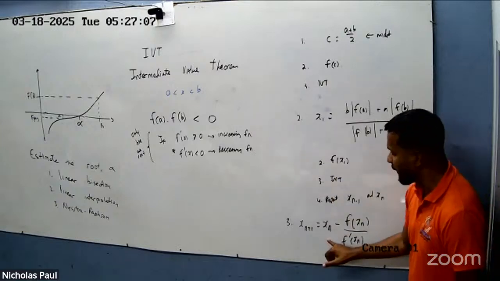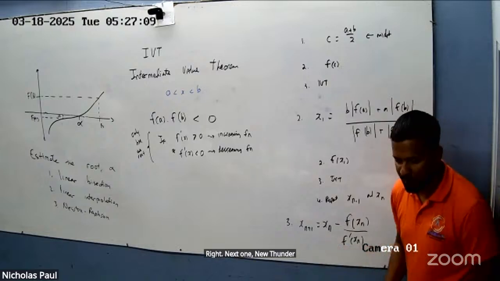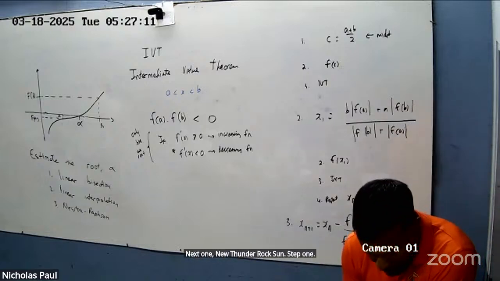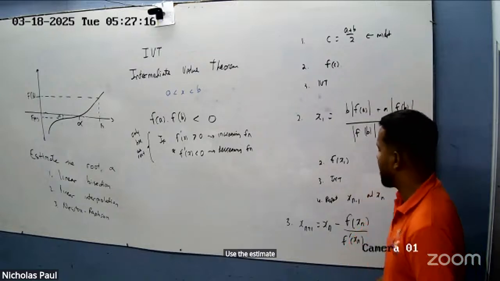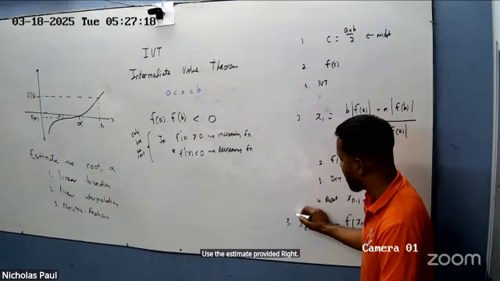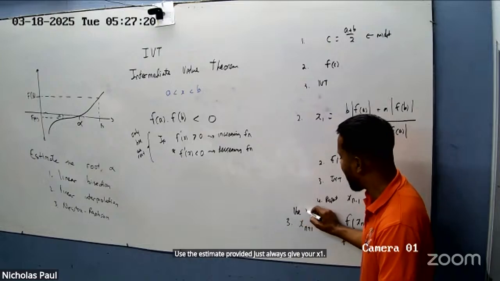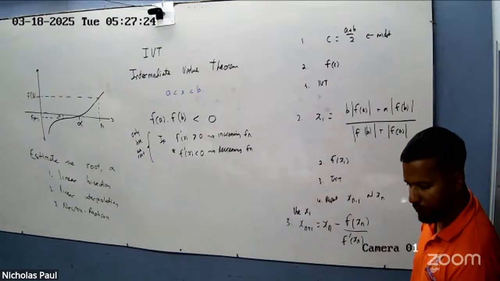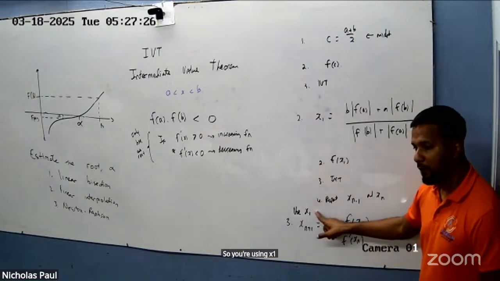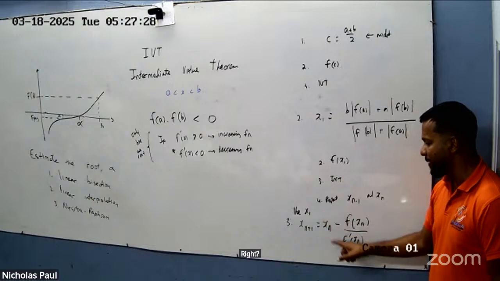Next one, Newton-Raphson. Step 1. Use the estimate provided. There's always an x1 given, right? So you're using x1. Use the estimate provided in this formula.